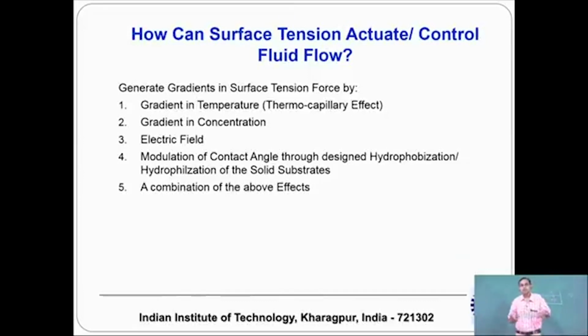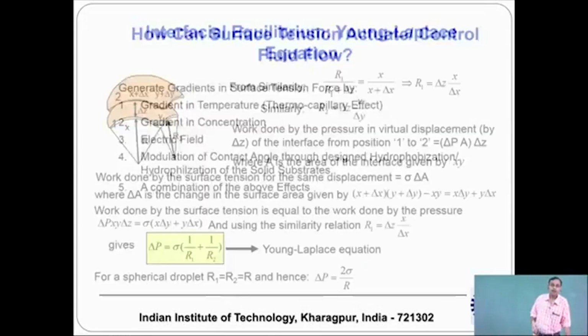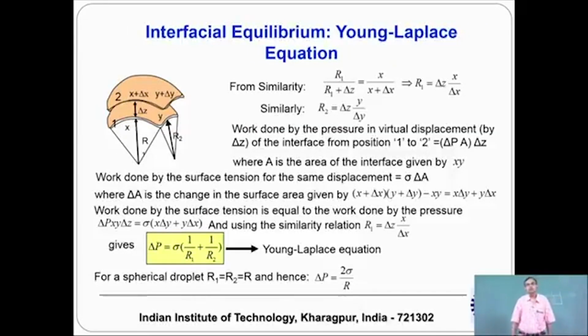But these are essentially not the primary effect. The primary effect is the surface tension itself rather than the gradients, and that we will learn through some of the basic facets of surface tension. So, first is the Young Laplace equation.